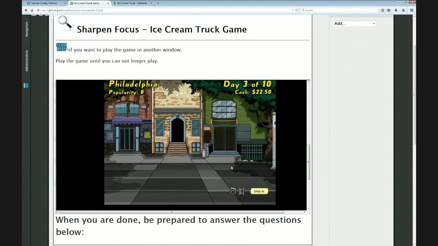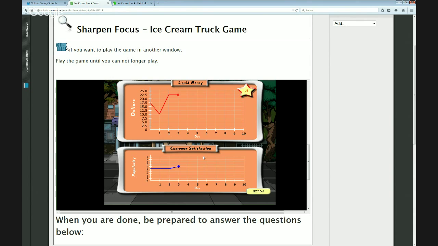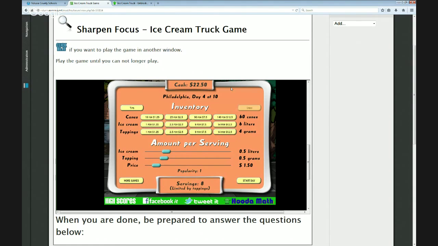Let's see what the graph says. 10 servings, $22.50. Our popularity went up. Okay, phew. So down here you see it went up just a bit. All right, so how much? We're at $22.50. We might need a little bit more ice cream. And I think I'm just going to stay the same on what we give out and the cost.